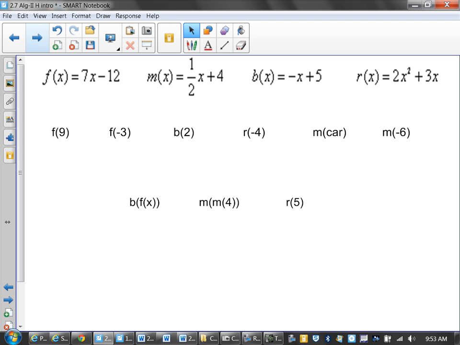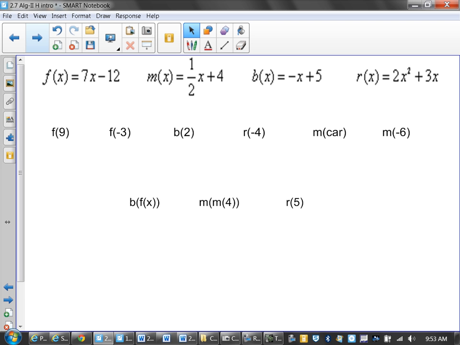Now, I'm hoping we know our letters. We all know our ABCs, right? So if I have f of 9, which equation do you think I have to use? The first one, because it starts with the letter F. Exactly.